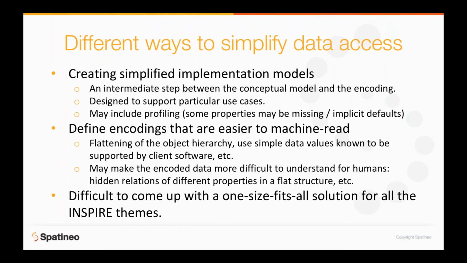If there are some voidable properties, should they be left out of the implementation model and just say, for example, that I don't have this property in the implementation model, which means that it's actually using some kind of default value, for example. That means that you have less flexibility in some ways in the implementation model, because you can't express everything that's been in the more complex conceptual model.